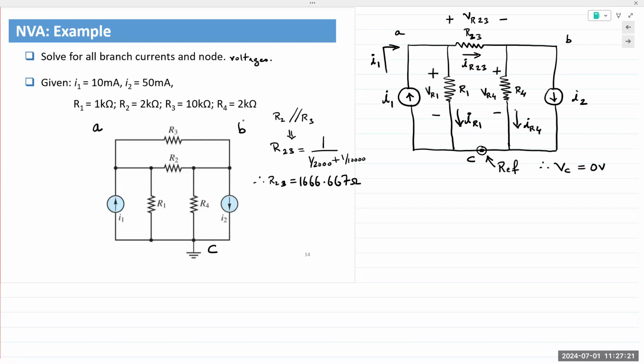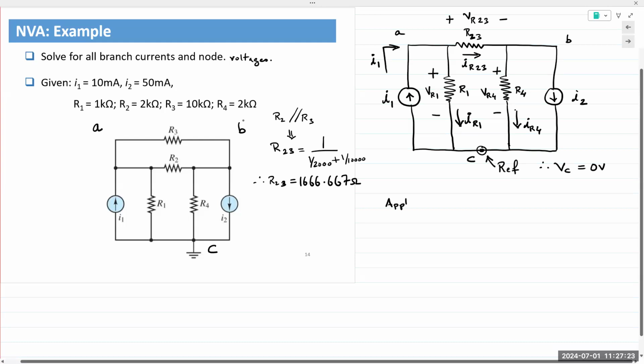So now apply KCL at A, and you write out your equation. I have I1 entering and IR1 and IR23 leaving.